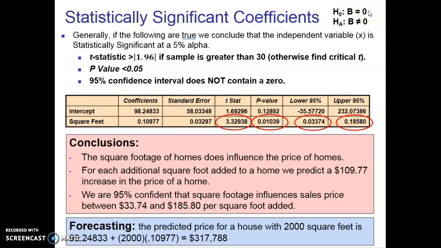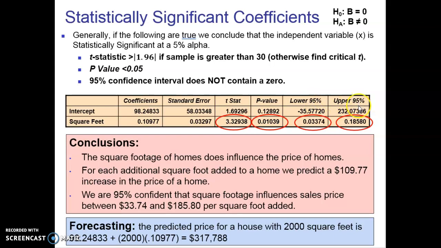Okay, the third way of determining whether you have a statistically significant coefficient is the confidence interval. And we built these in the techniques of estimation section. But here it's telling you the lower confidence level and the upper confidence level, assuming a 95% confidence interval. Okay.